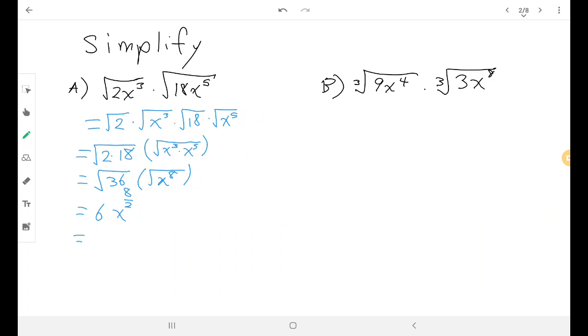So that's 6 times x to the 8 over 2, but 8 divided by 2 is 4, so this is 6 times x to the 4th. I'll give you a chance to look at that, and then we'll do part B.